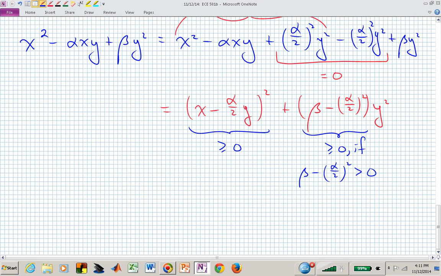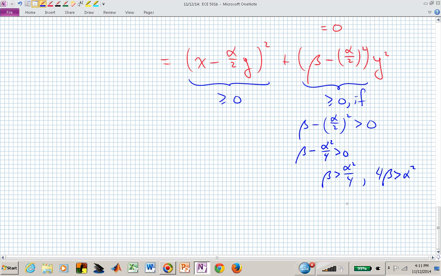Or if we multiply that out, we see that we have beta minus alpha squared over 4, or beta is greater than alpha squared over 4, or 4 beta is bigger than alpha squared. And I might write that actually as alpha squared is less than 4 beta.